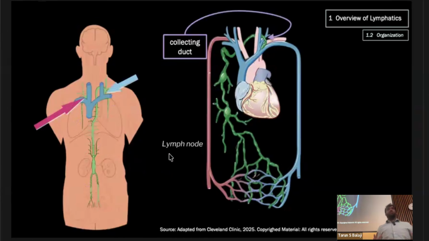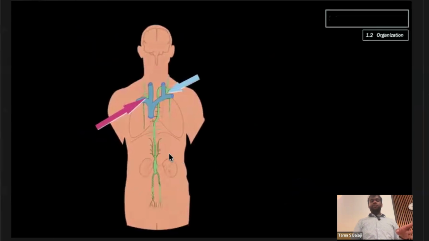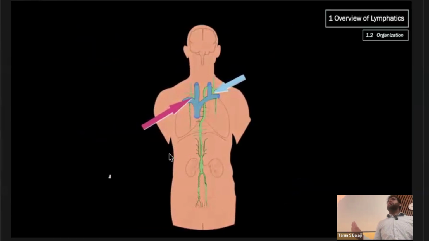Okay, now, all of these trunks that are draining different body regions are expected to drain into one of two collecting ducts. There's two of these, one on each side, and they're super predetermined for what body regions they drain.